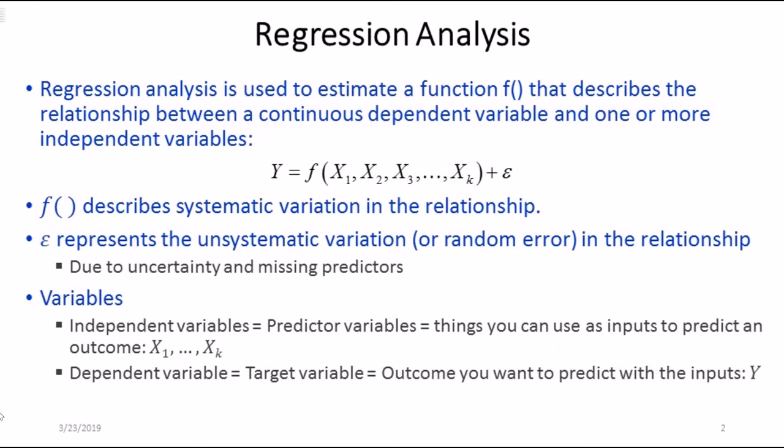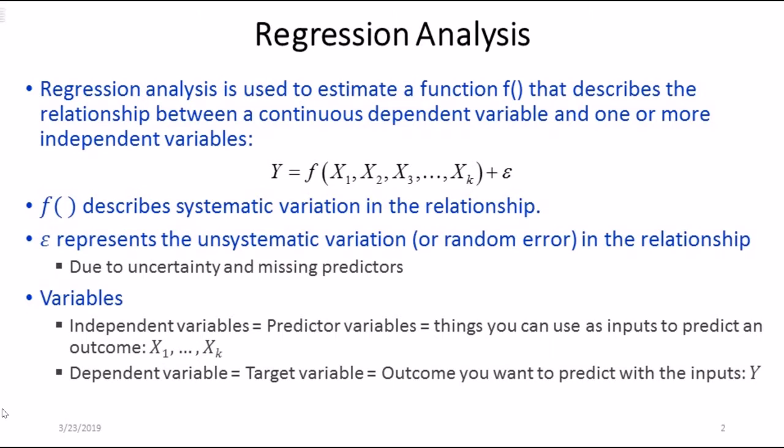In a regression model, we have variables, and variables include independent variables and dependent variables. Independent variables are also called predictors, which are the inputs to the model to predict an outcome.